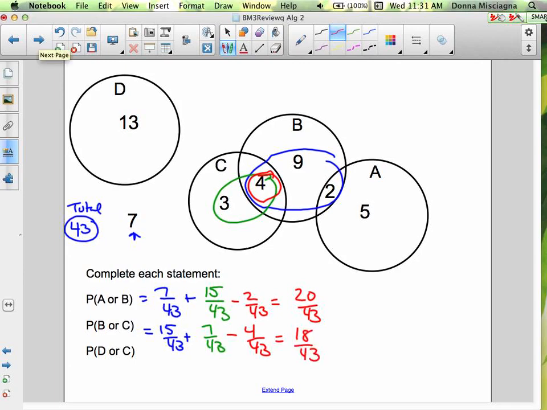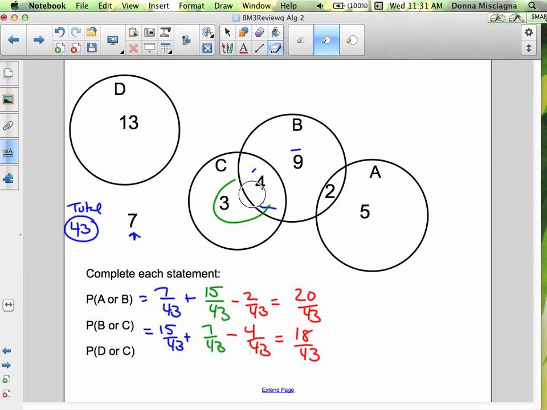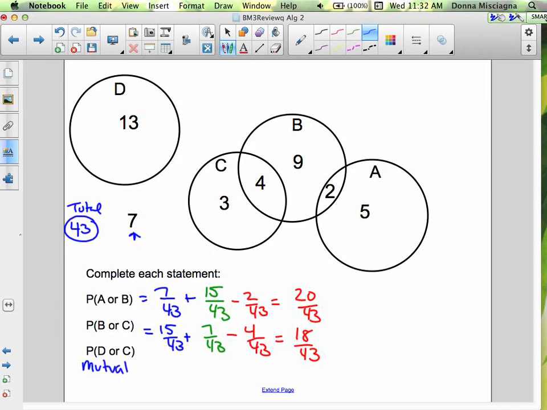And then finally, D or C. Well, D and C don't overlap. They are mutually exclusive. There is no overlap between D and C. So we just have to take the probability of D, there's 13 out of the 43.